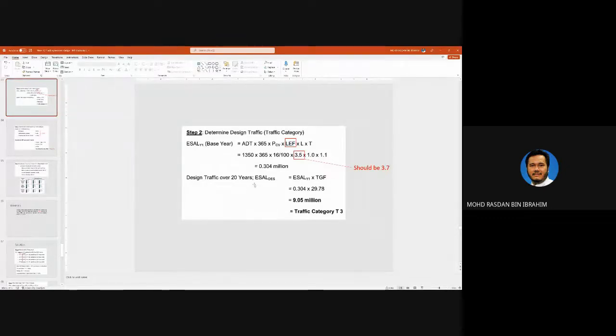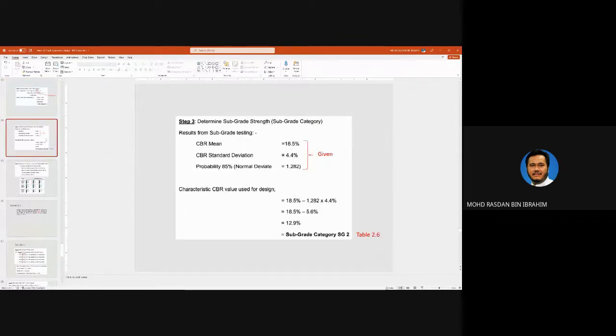So you have decided that this is traffic category T3. Alright. Next, we need to estimate the subgrade quality, the subgrade SG category. So you will be given the CBR value, the standard deviation, and probability.